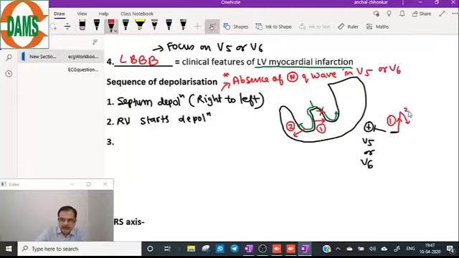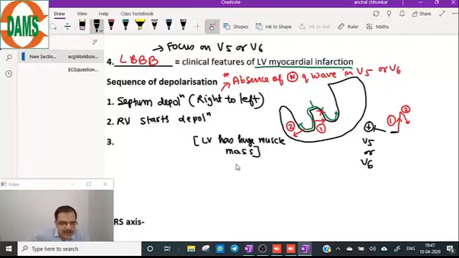Number two event. But the left ventricle has a huge muscle mass.